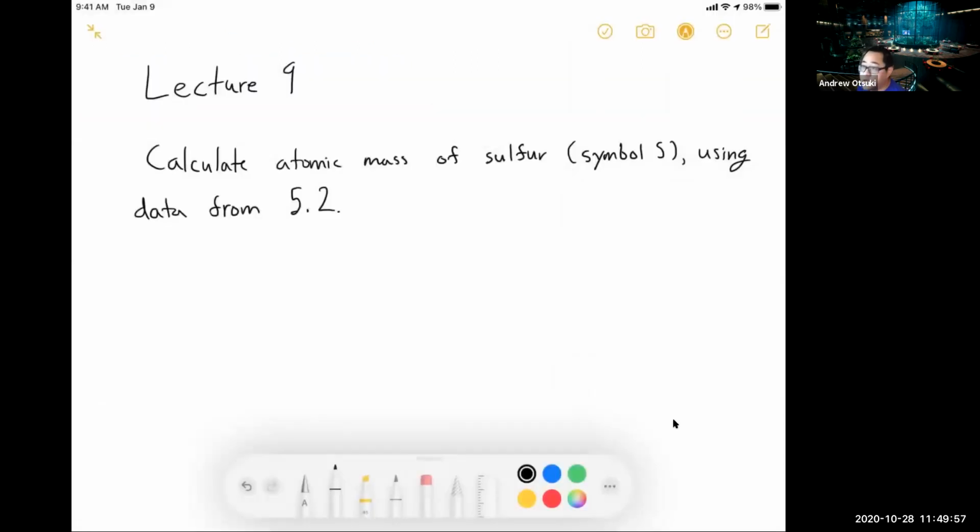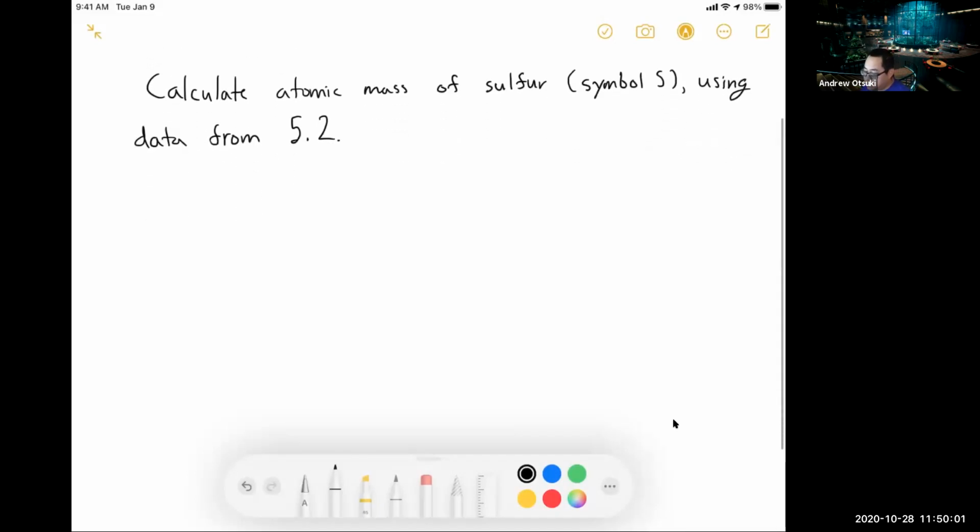Okay, so we are going to calculate the mass of sulfur. The way to do this is we take each of our percent of the isotope and multiply it by that isotope's mass.